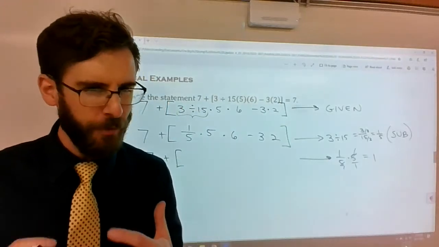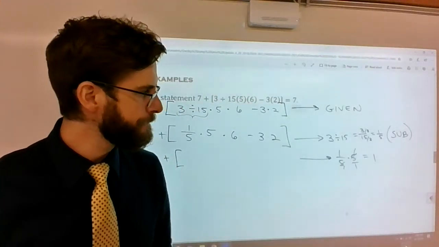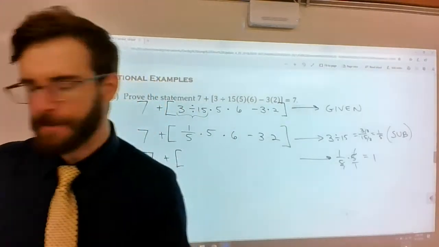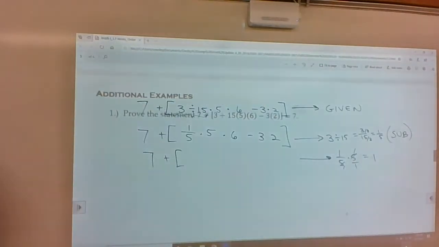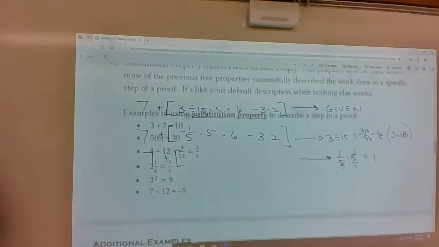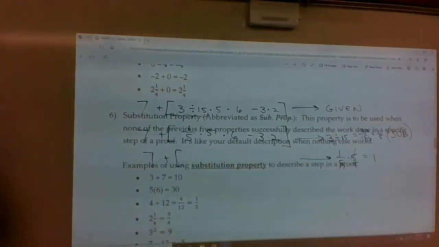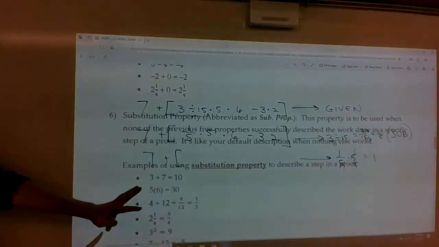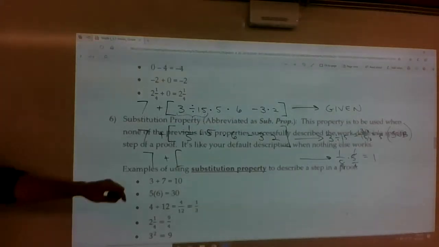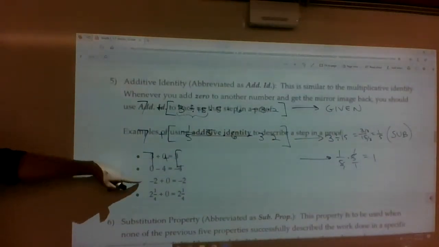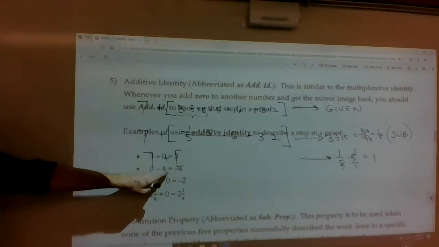Now think to yourself, do you remember what property that is? Let's check out the steps. It's not substitution because these are kind of like the throwaway steps. It's not additive identity because you're not adding 0.